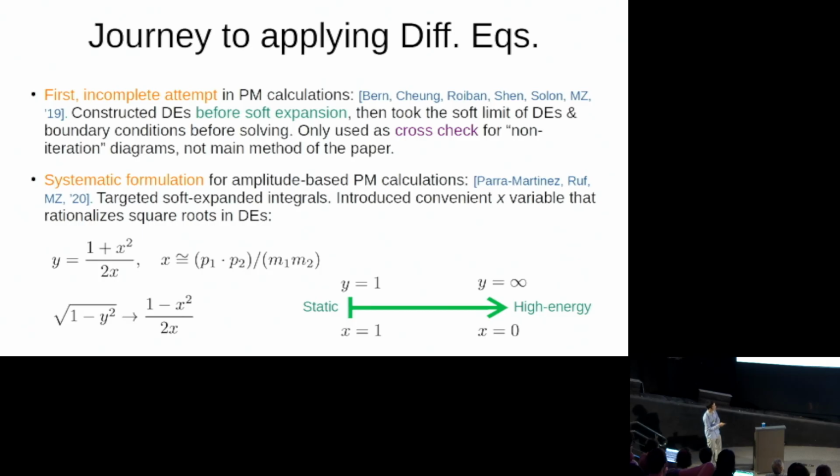So you can really think about a differential equation in velocity that takes static boundary conditions to exact in velocity. And we also introduced a convenient variable, for which we benefit from the collider literature, where people routinely do these things because they need to rationalize square roots in differential equations. And this variable has been adopted as standard.